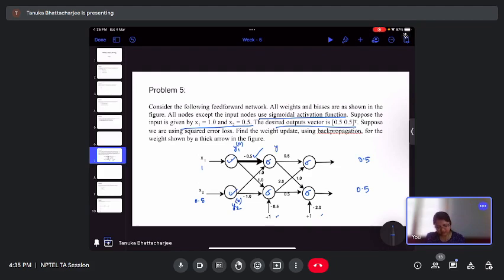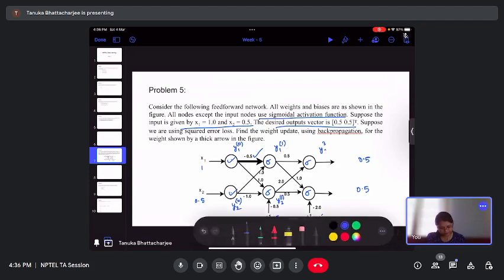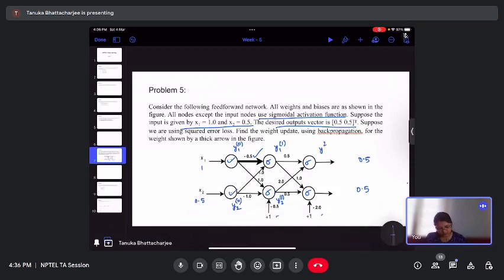This is y1 1, y2 1, this is y3, and this is y2 1 and this is y2 2.